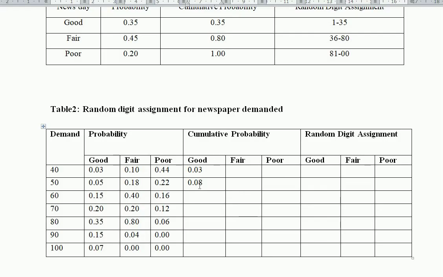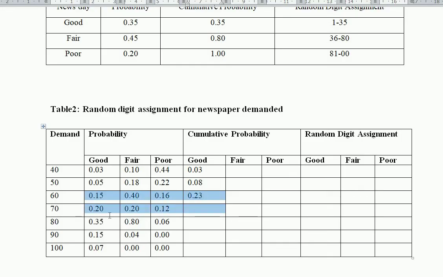The next one is 0.08 plus 0.15, that is nothing but 0.23. Or else you can add all three, 0.03, 0.05, 0.15, and you will get 0.23 itself.